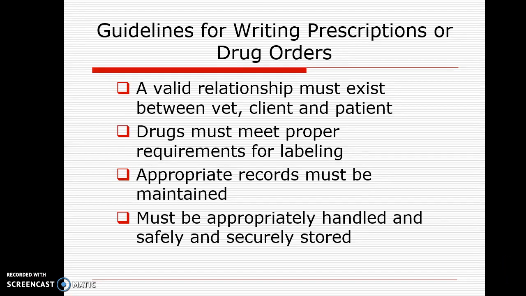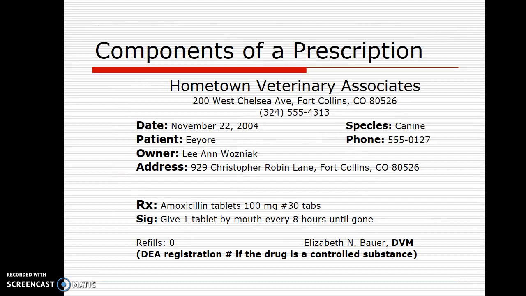So the drugs have to meet proper requirements for labeling. We'll go over that. And then, of course, we have to maintain the appropriate records and handle the drugs appropriately from when they come into the clinic to when they're dispensed to the client. And we sometimes need to tell the owners what needs to happen with that drug in order to properly keep it and keep it viable.